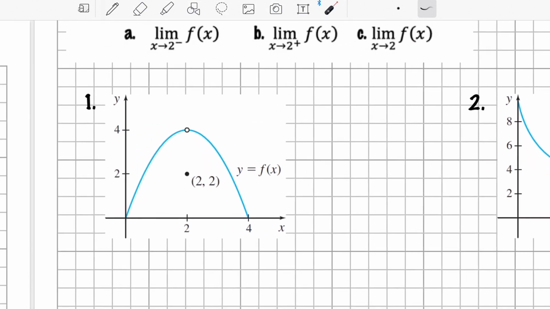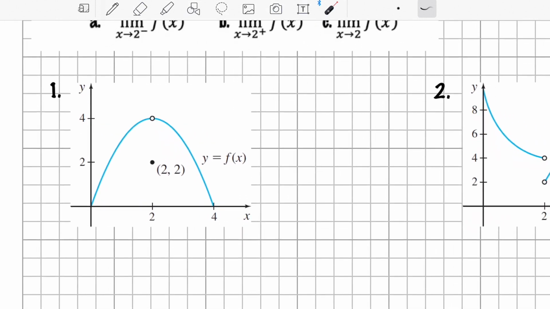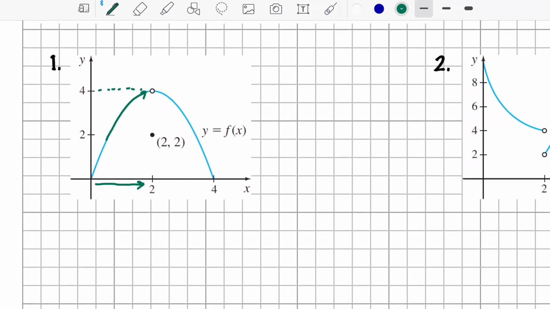So here we go. Part A, we're approaching from the left. If I approach 2 from the left, we have to follow our graph. The graph is approaching what y value? That will be 4.